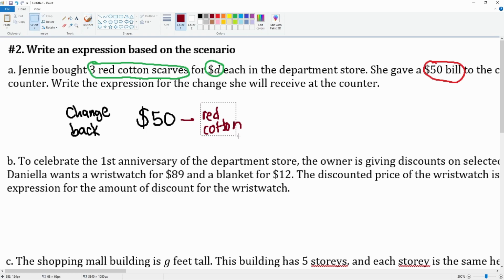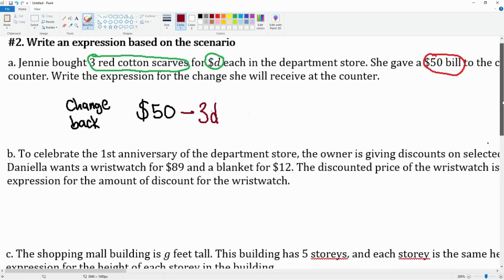So how much red cotton did she basically purchase? 3 of them. So we can say it is 3 red cotton, but we have a price for it. We say that the red cottons were D dollars. So your change back would be 50 minus 3D. Because the change back has to be smaller, that is why we subtracted.